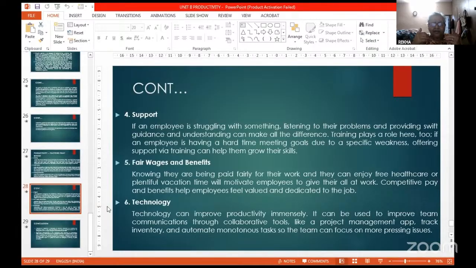So it should be an integrated effort of all the employees, whether he or she is a CEO or someone working at the lowest level, but they should be supporting each other.